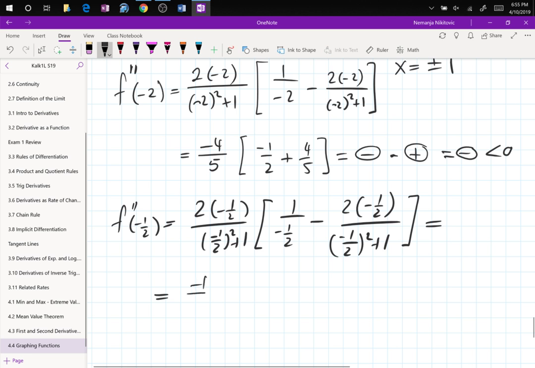This is negative 1 over a quarter, so that's 5 quarters, so 4/5 over here. Great. And then we have negative 2 minus negative 1 divided by, again, this is 4/5. All right, fine. So that's going to be a plus, but negative 2 is a negative, negative. That's a positive, right?